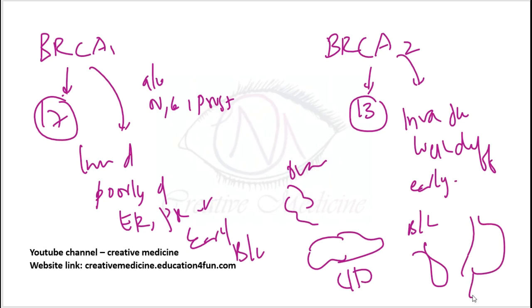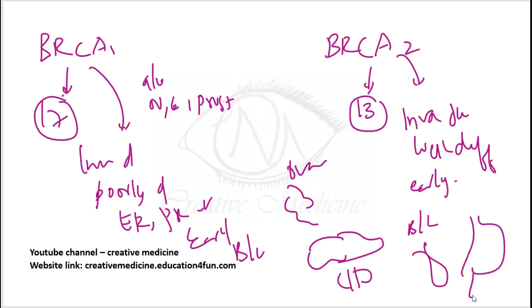So BRCA1 is on chromosome 17. BRCA1 associated breast cancers are invasive ductal carcinoma. It is poorly differentiated with hormone receptor negative, early age of onset, and bilateral. It is associated with ovarian, colon, and prostate cancers. Then BRCA2 is seen on chromosome 13.